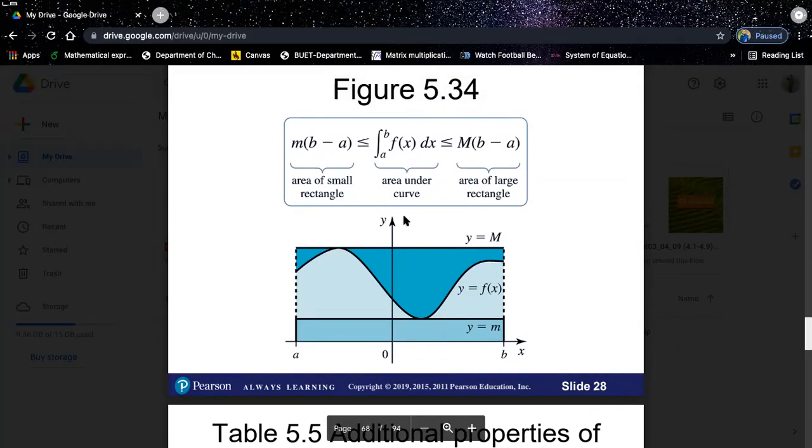Now what it means, if you can bound your function within two values, let's say capital M and small m, then the area will also be bounded like this.